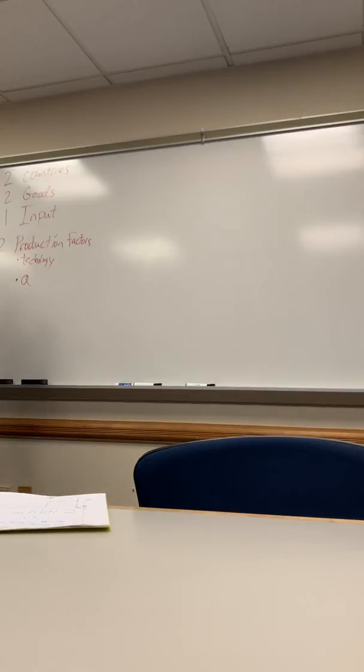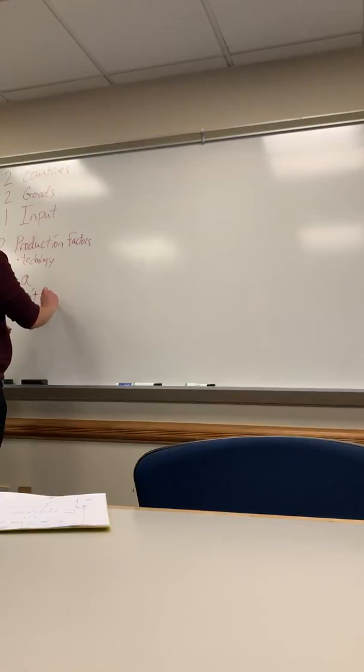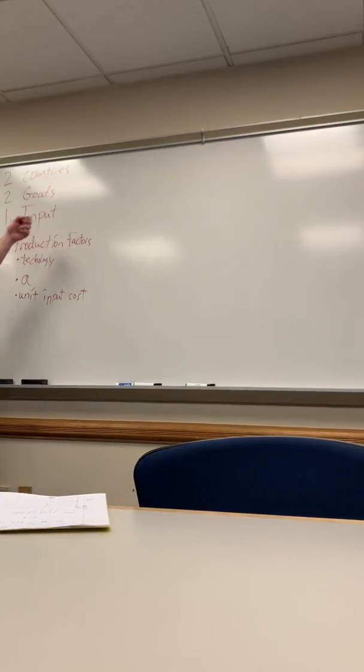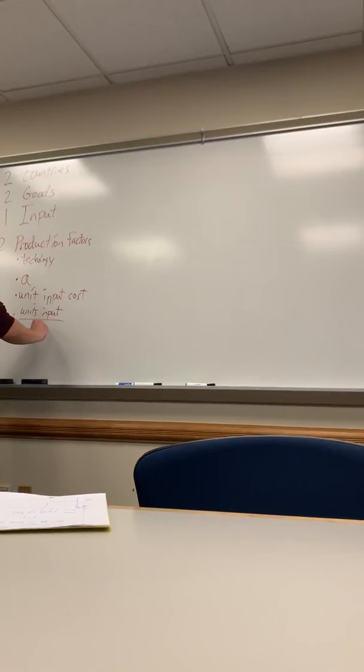So before we get into that, it's essentially, how many? I'm going to call it the unit input cost. So how many units of input are required to get 1 unit of output, right? Units of input per unit of output, right?